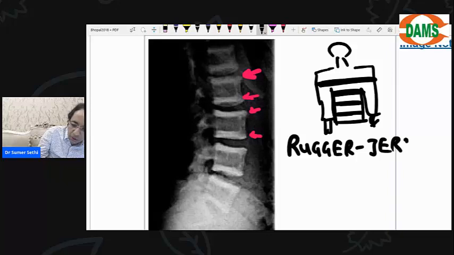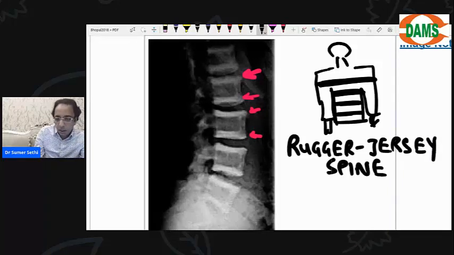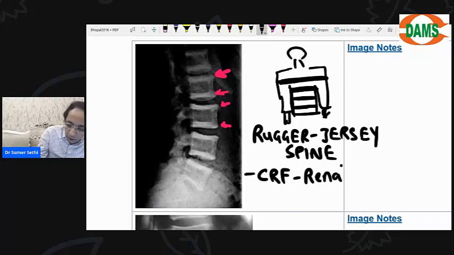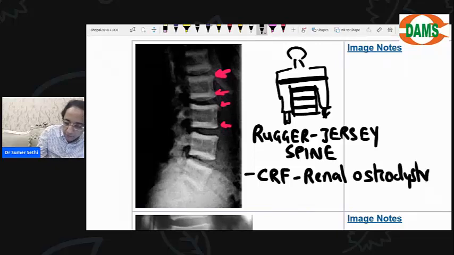So this appearance is called rugger jersey spine. Rugger jersey spine is seen in patients with chronic renal failure. So this is what we will call renal osteodystrophy.